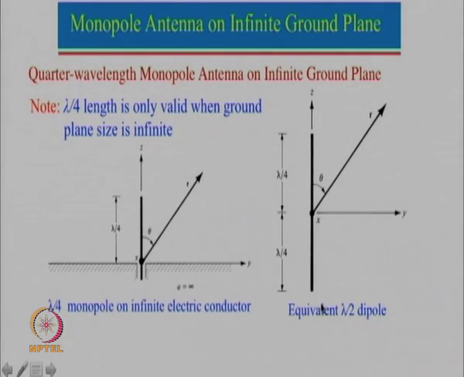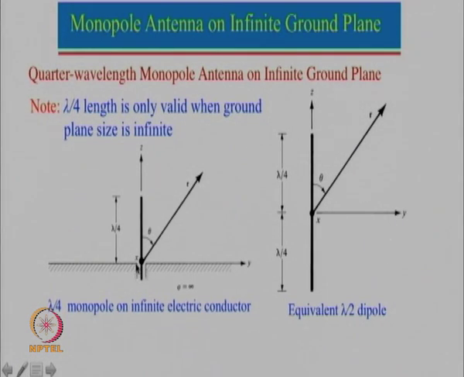Let us see how we have a dipole antenna and an equivalent monopole antenna. Here is a dipole antenna of length, let us say, lambda by 2, fed using a balanced line. There is a symmetry here: a current going in this direction, and this current coming over here. If we replace this whole thing by a very large infinite electric conductor, there will be a lambda by 4 antenna over here, and we can use a coaxial feed.